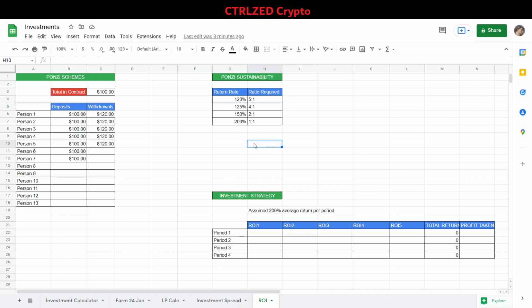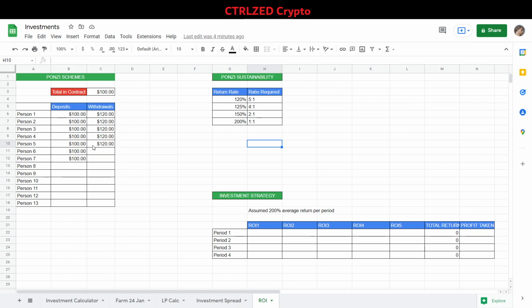Essentially the hallmarks of how these schemes and these apps all work is they do the same thing. They take your deposit, they don't do anything with it. They will lock it in for a period of time, say 14 days or whatever it happens to be, and pay you a ROI, a return on that investment, that you can get either at the end of a period or daily.